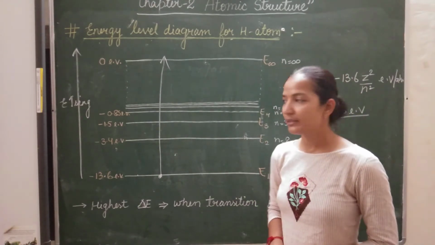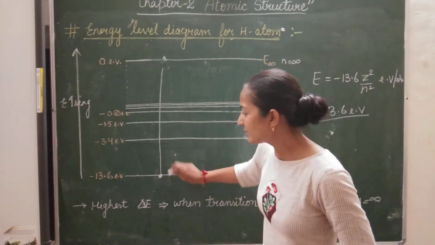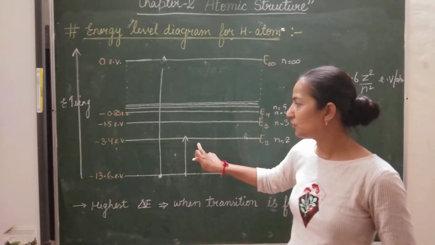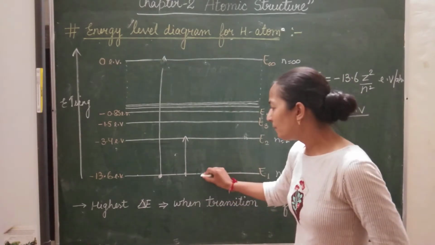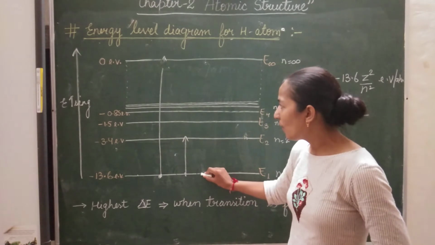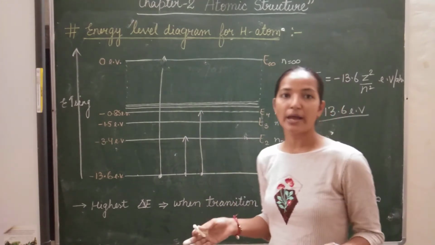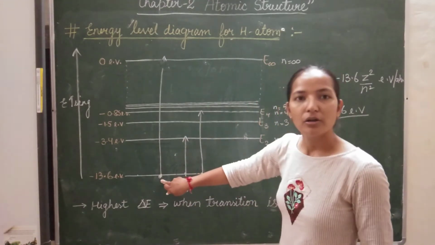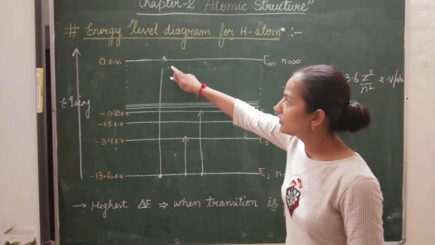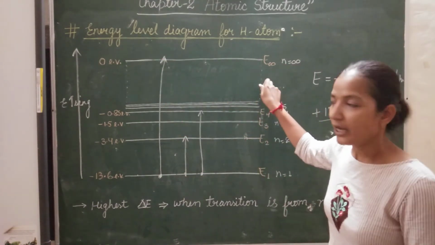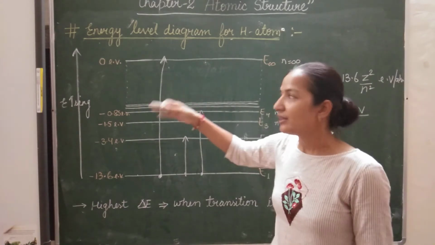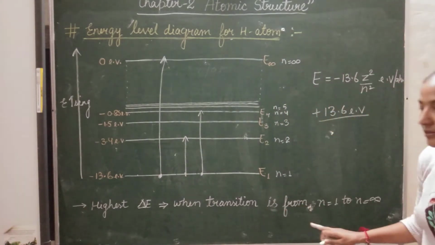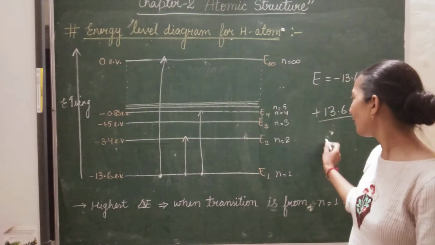You have to remember this. If the electron transits from n is equals to 1 to 2, there is some energy difference. If it transits from 1 to n is equals to 4, there is a larger energy difference. But if the electron transits from n is equals to 1 to n is equals to infinity, the energy absorbed by the electron is highest, which is plus 13.6 electron volt.